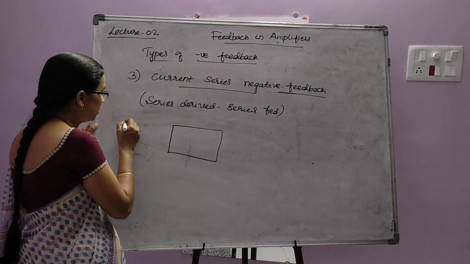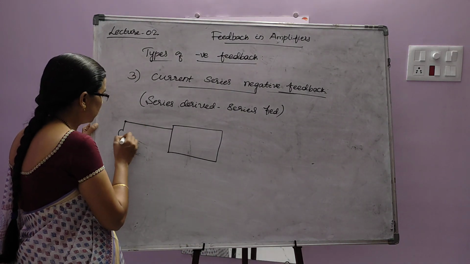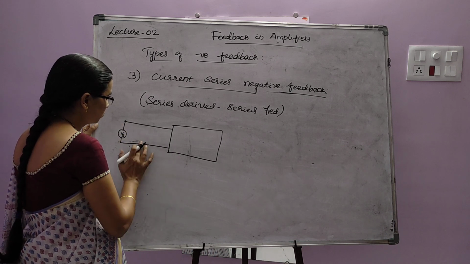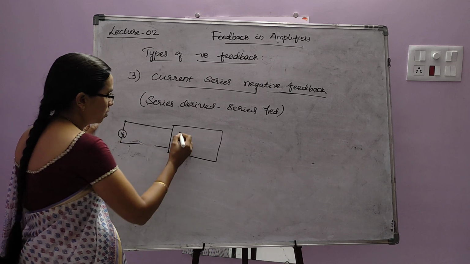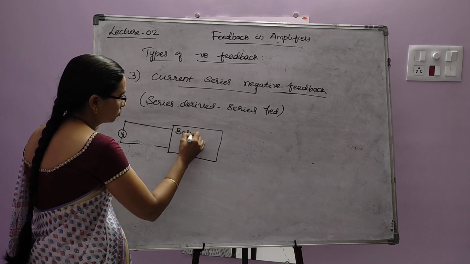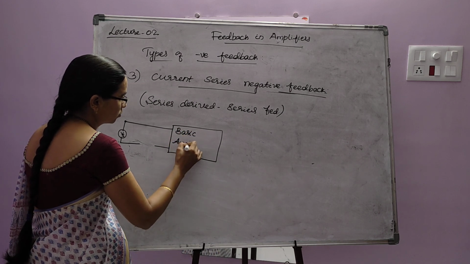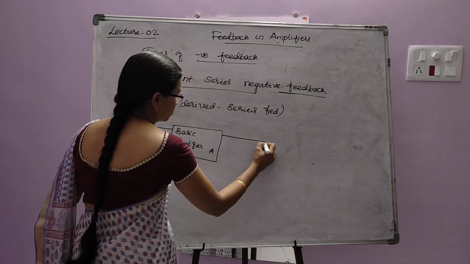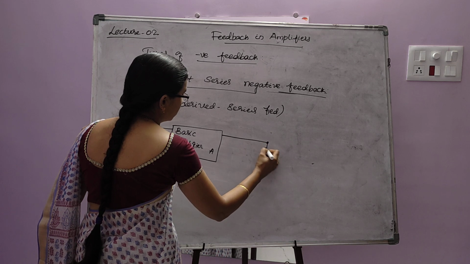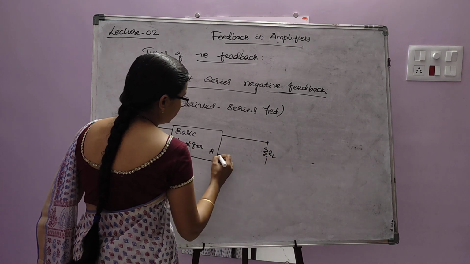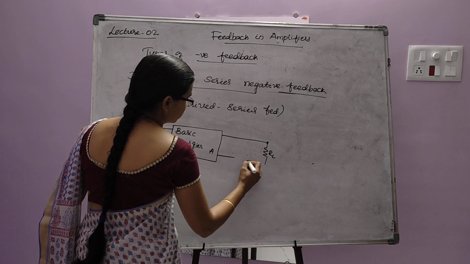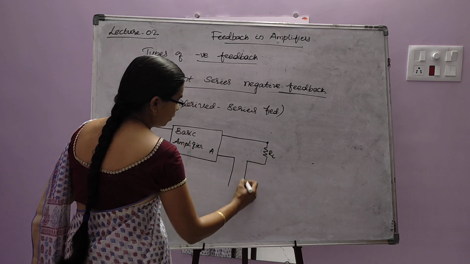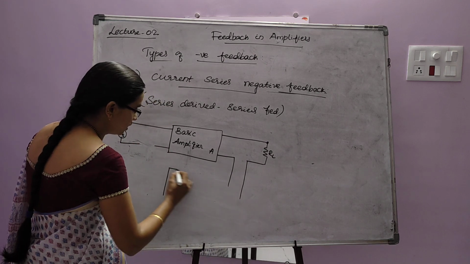So whenever you find a series connection, you will take a voltage source and your output current we are taking. So current will be taken in series.